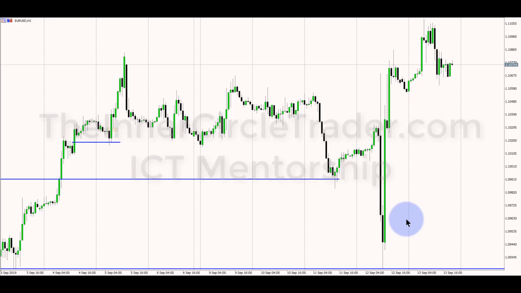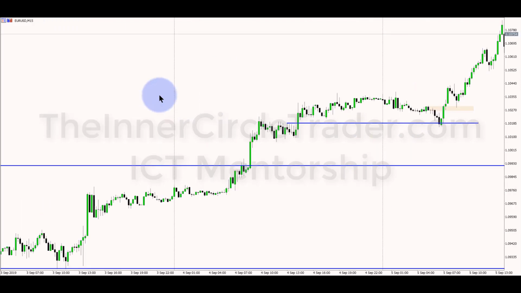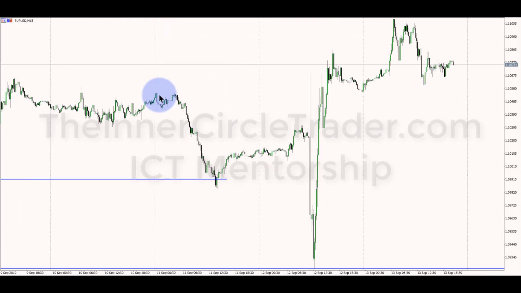Okay, so let's go into the lower time frames and look at a 15-minute time frame chart for this. All right, so we have equal highs here.